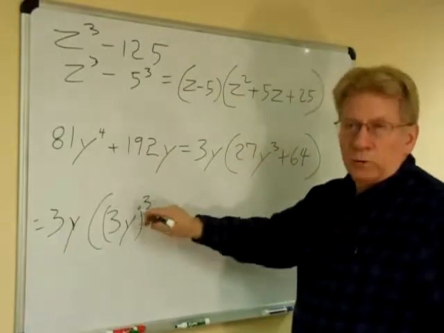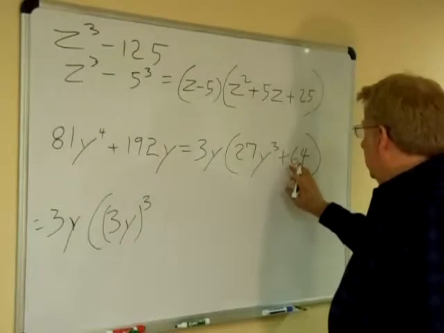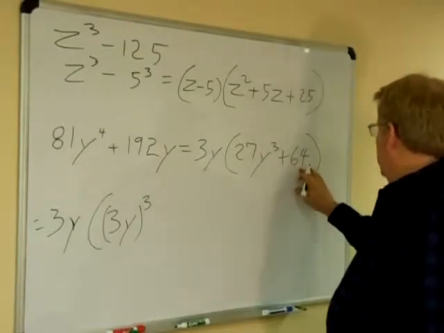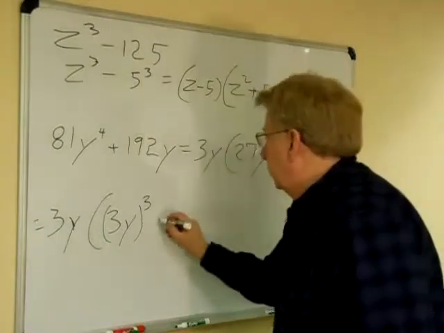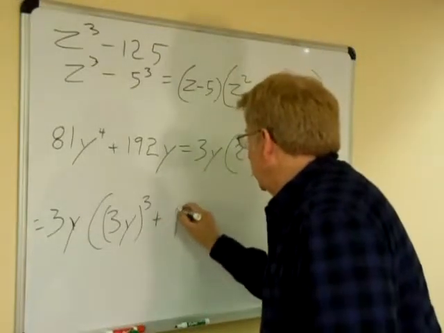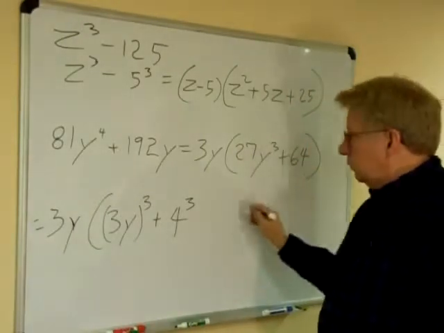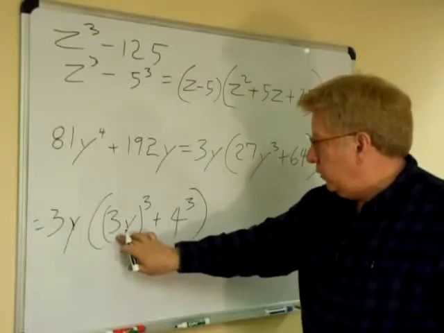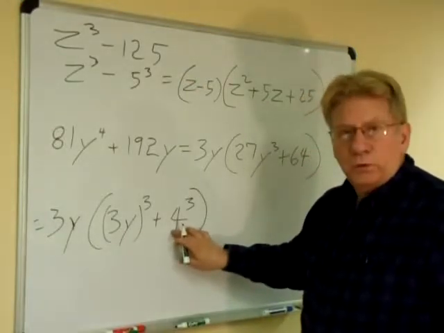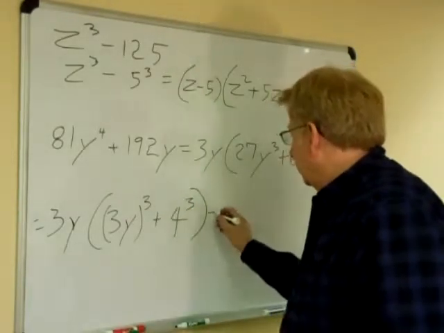So that's similar to an a cubed in the pattern we established earlier. And then the 64 would be similar to 4 cubed. 4 times 4 is 16, times 4 is 64. So the 3y looks like the a cubed, and the 4 would be similar to the b cubed. So now we've got a pattern for that.